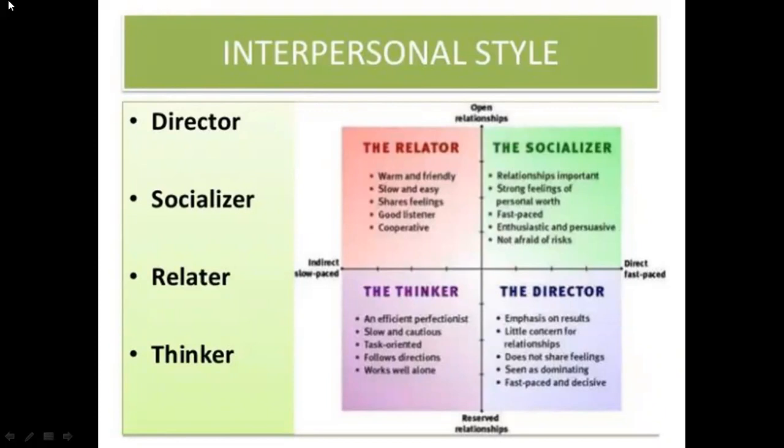Socializers are expressive and spirited. They value relationships, acceptance, and personal prestige. These people are animated and expressive. They will often speak quickly, use gestures, and may get easily sidetracked onto another story altogether.